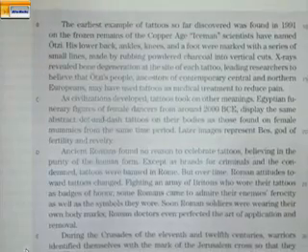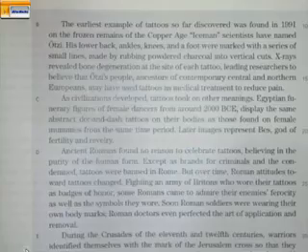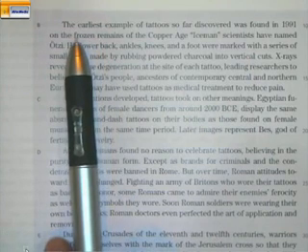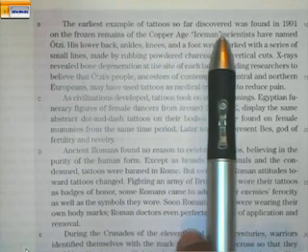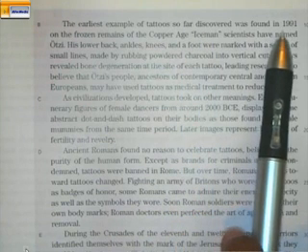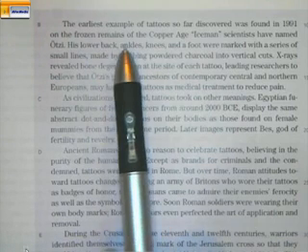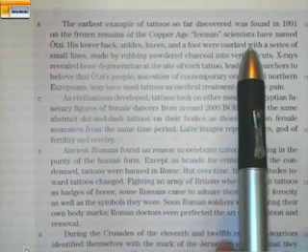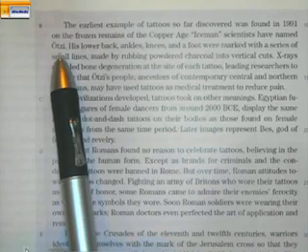Now, the earliest example of tattoos so far discovered was found in 1991 on the frozen remains of the Copper Age Iceman. Scientists have named him Otzi.